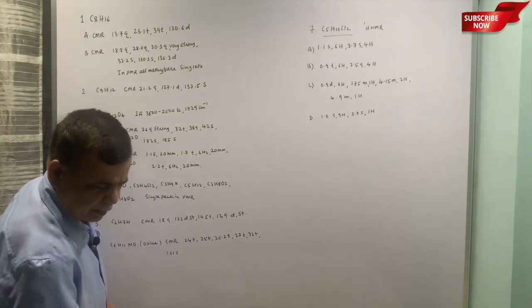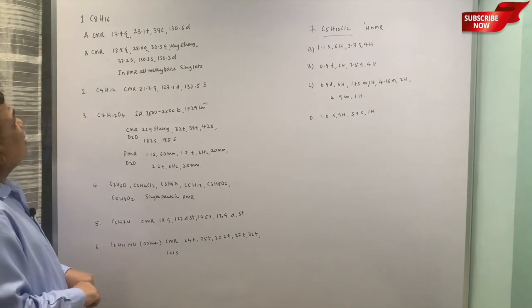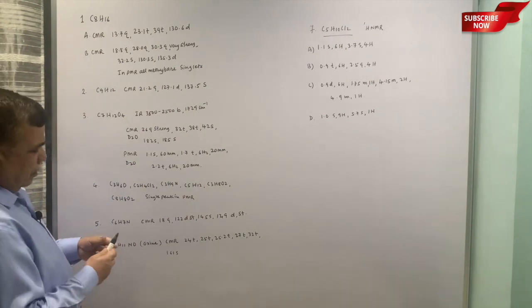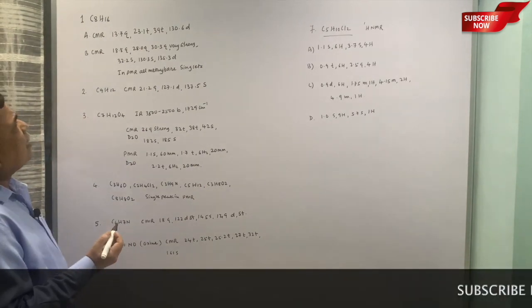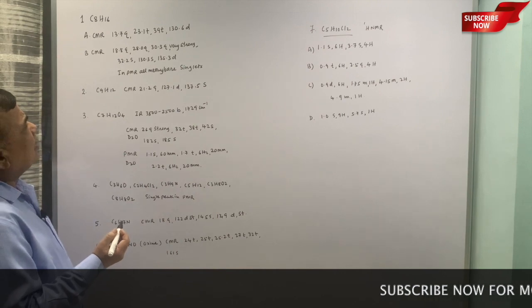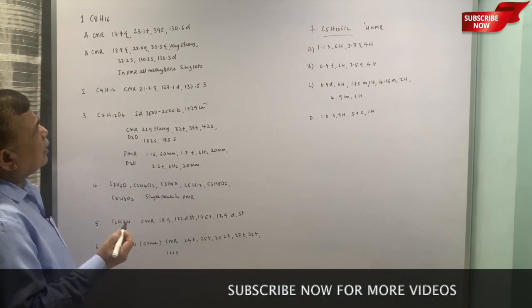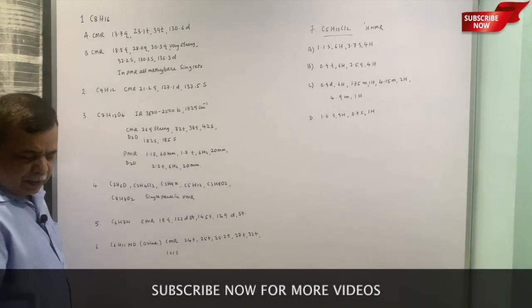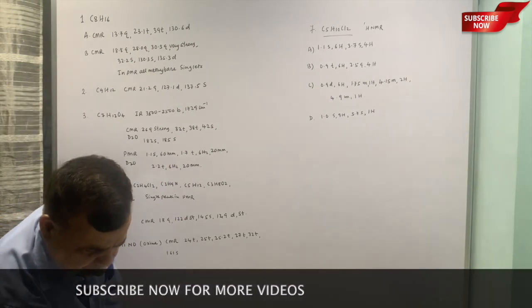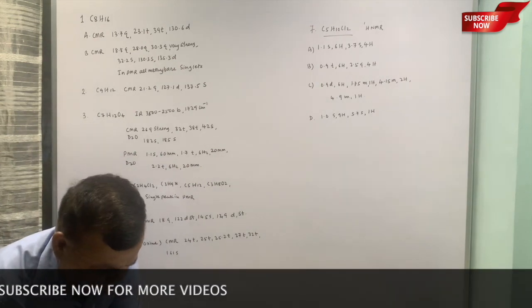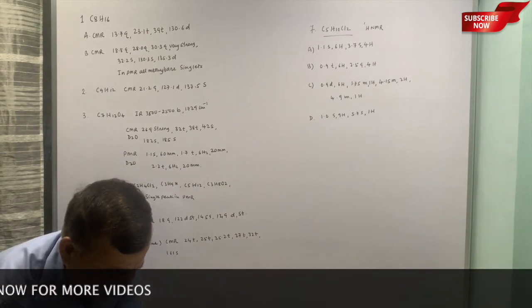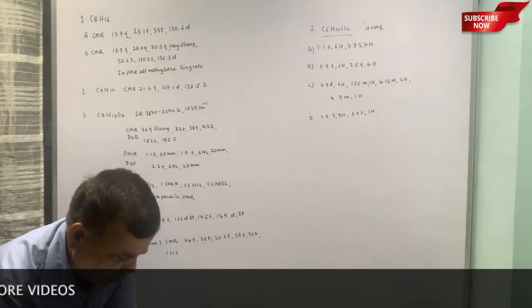C8H16, and the carbon 13 NMR values are given: 13.7 quartet, then 2 triplets and then 1 doublet. So first of all, the sites of unsaturation.